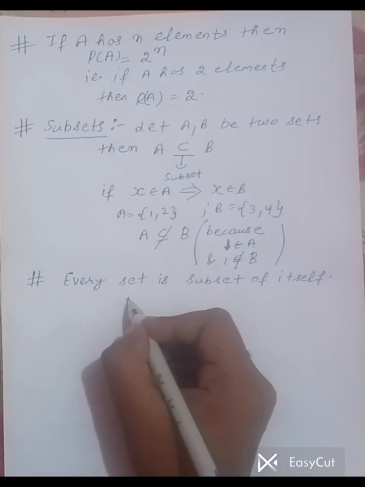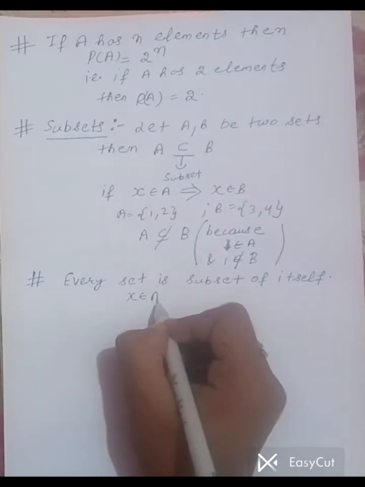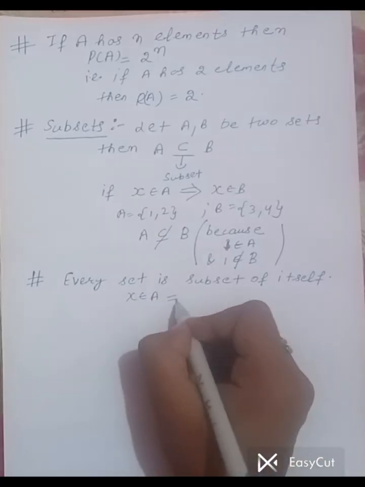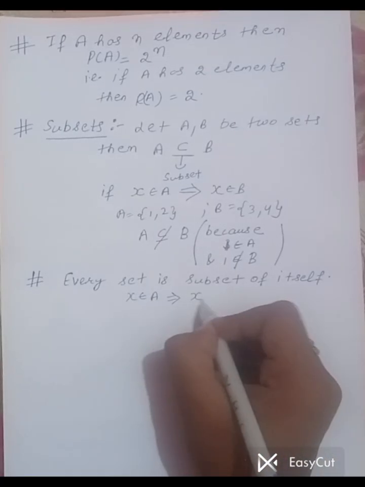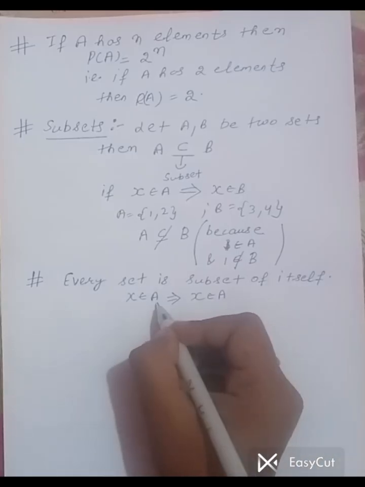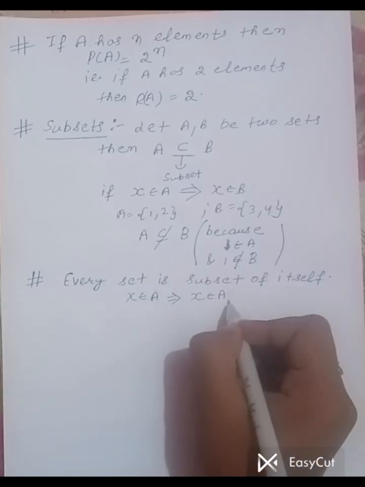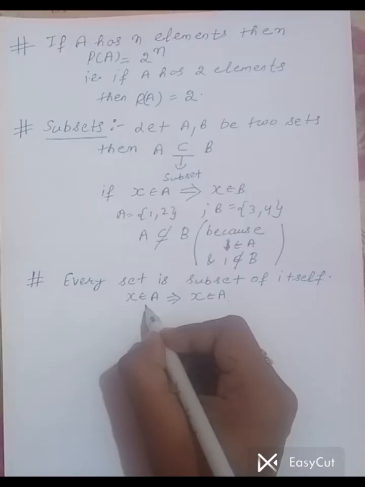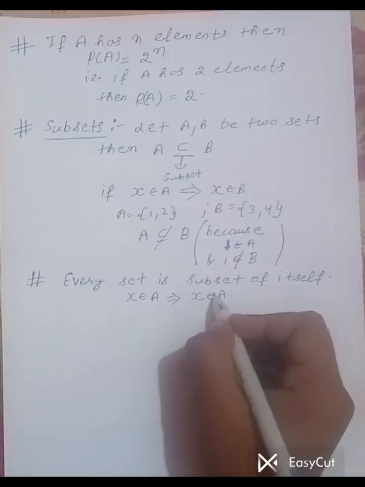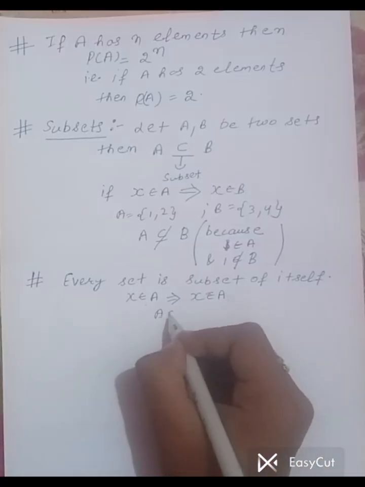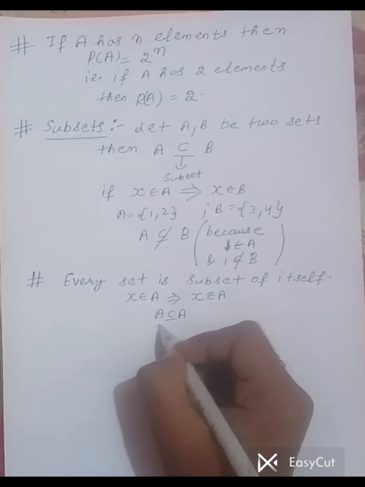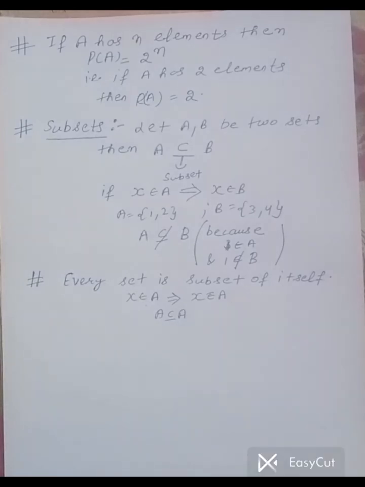This is because if X belongs to A, then it is obvious that X belongs to A. Like A and A, we can see them as two different sets, and if X belongs to A, then X belongs to A. So A is contained in A. A is a subset of A. It is very obvious.